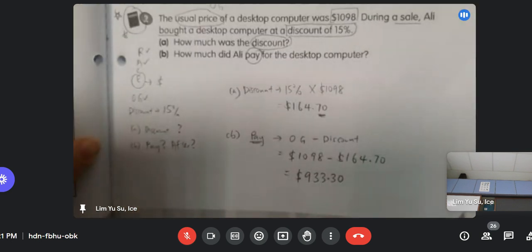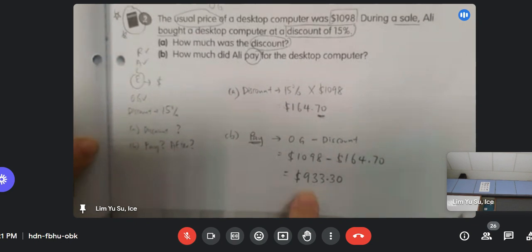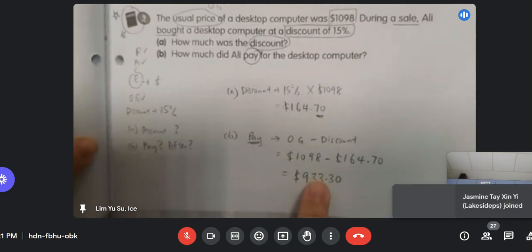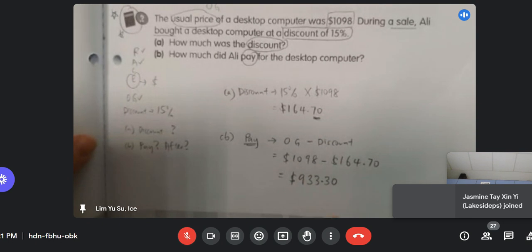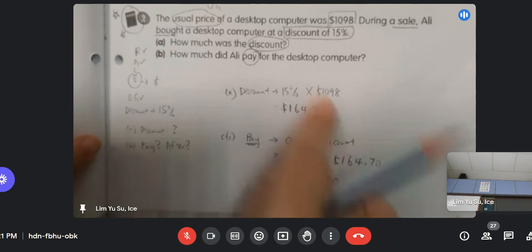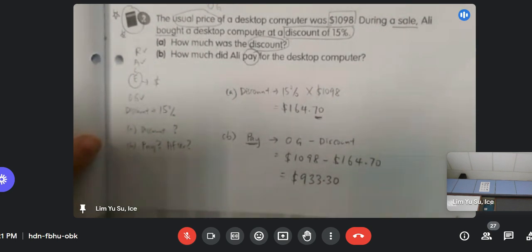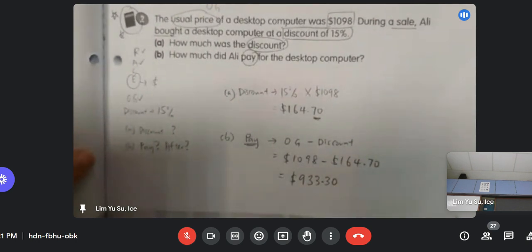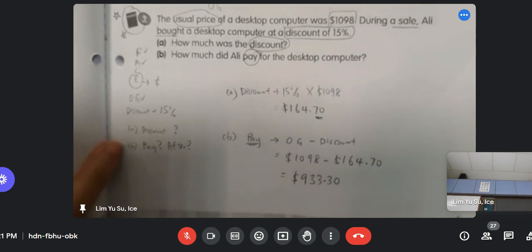So questions like that, if expressed in the exam, this question is part A, part B, 2 marks likely, it may happen in paper 2, section A. For this type of question, it should not take a lot of time to press the calculator to get to the answer. Okay, move on.